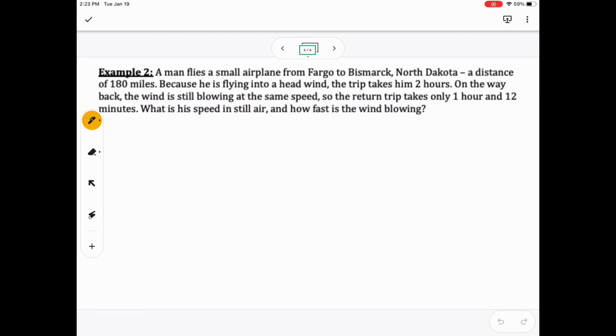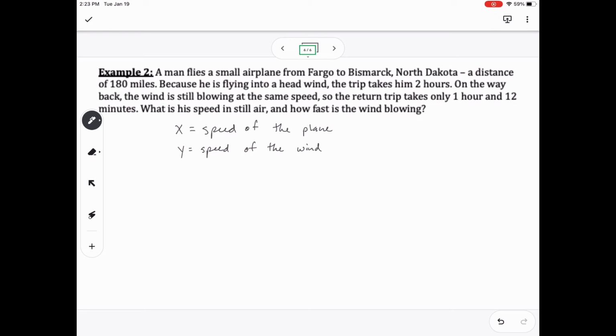So here, I will need to figure out what my unknowns are. For this one, I don't know how fast this plane is flying on its own, so I need to know the speed of the plane, which I'll set equal to x, and I will also need to know the speed of the wind, which I'll set equal to y. From there, I would like to write out what I do know from this problem as well.